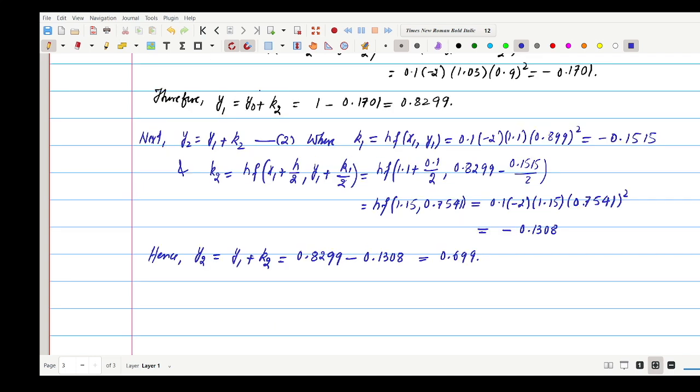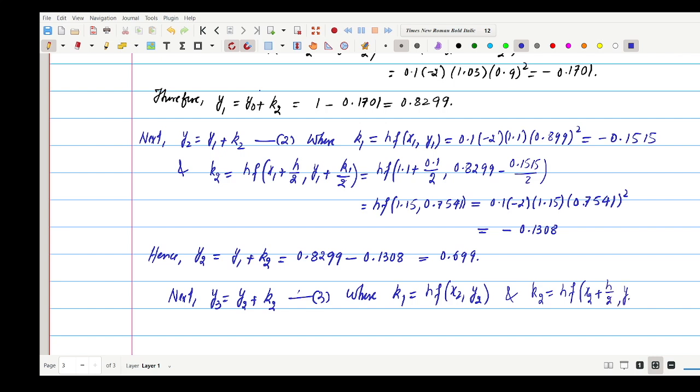Now coming to the next step, the final iteration y3, which is y2 plus k2, which we call equation number 3, where again k1 is defined as h f of x2, y2, and k2 is defined as h f of x2 plus h by 2, y2 plus k1 by 2.